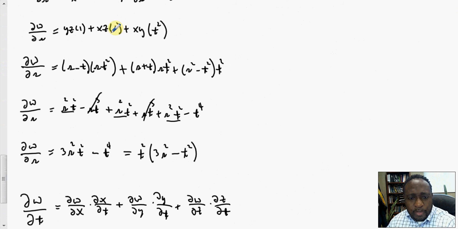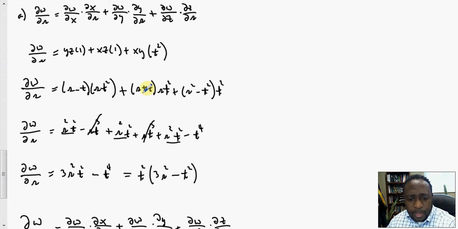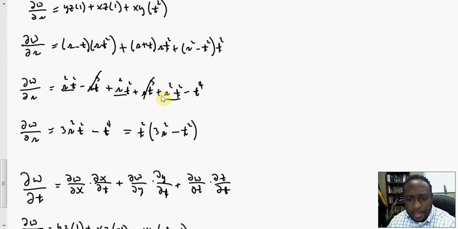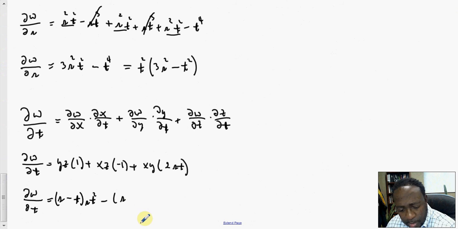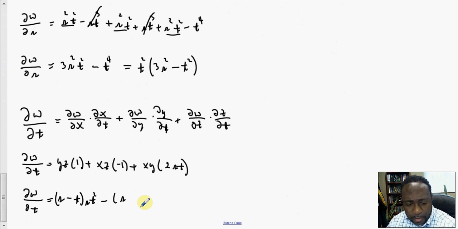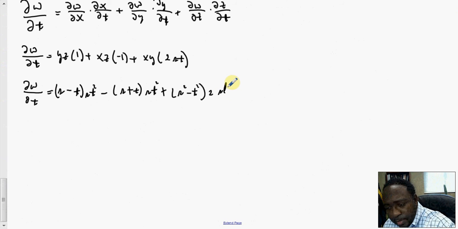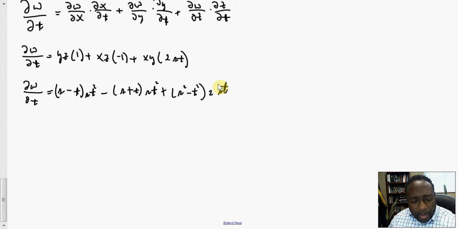The xz's were the same, so that was s plus t times st squared. Plus x times y, again the difference of two squares, s squared minus t squared, and this is times 2 times s times t.